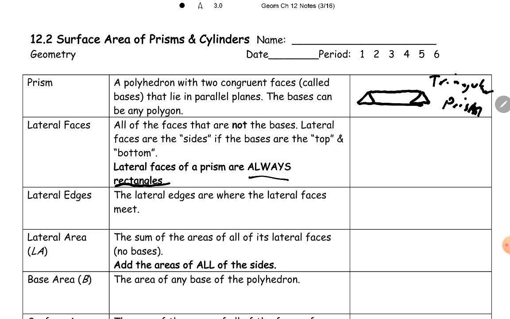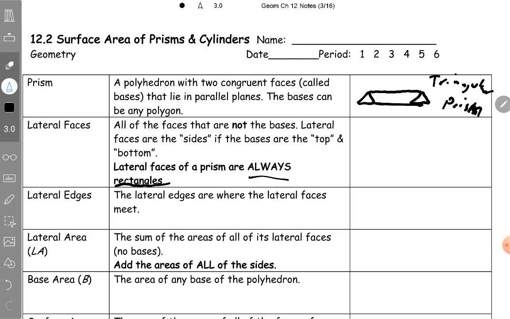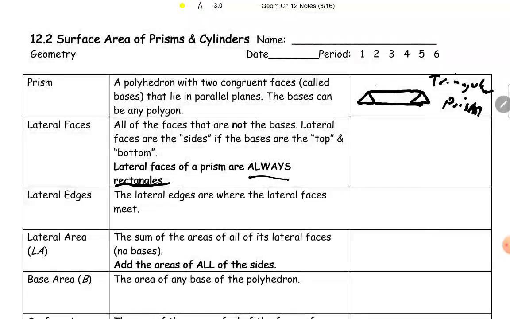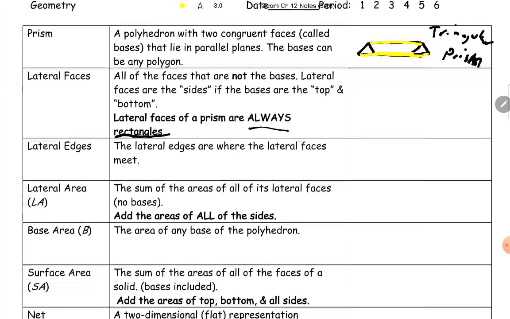Lateral edges are where the lateral faces meet. So if I'm using the triangle again, these yellow lines here would be lateral edges, not the triangular bits.